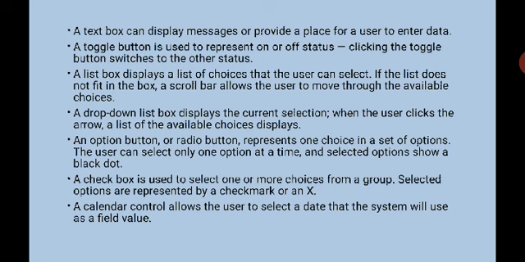An option button or radio button represents one choice in a set of options. Like you can choose one course. If you can choose only one course, then it becomes a radio option. And a checkbox is where you can have multiple choices, like you can select BTech also, BBA also, BCA also.